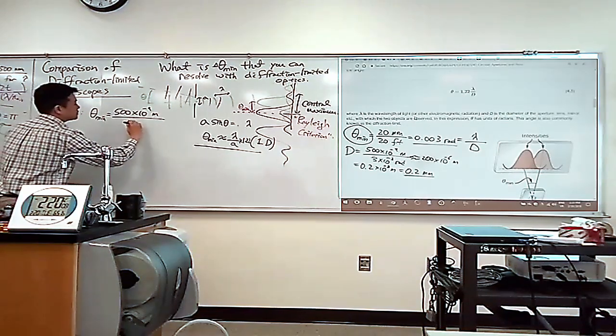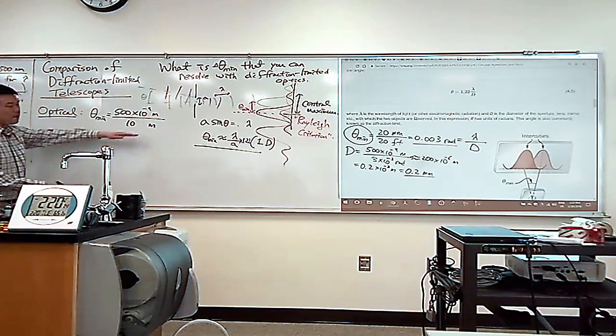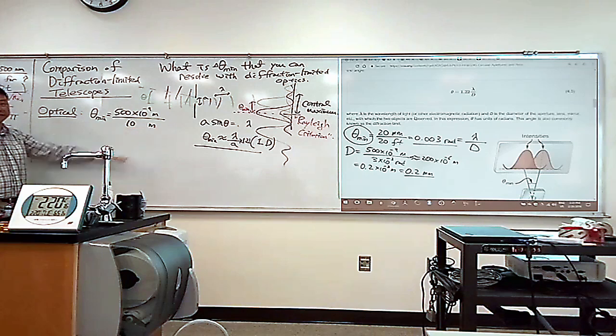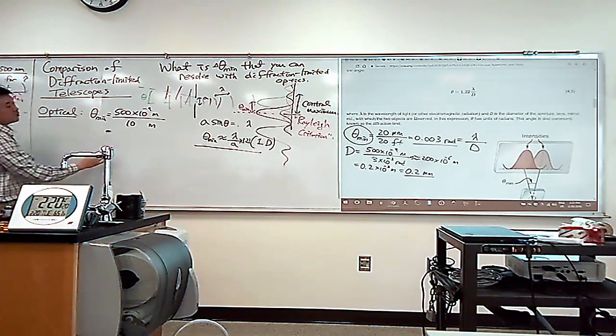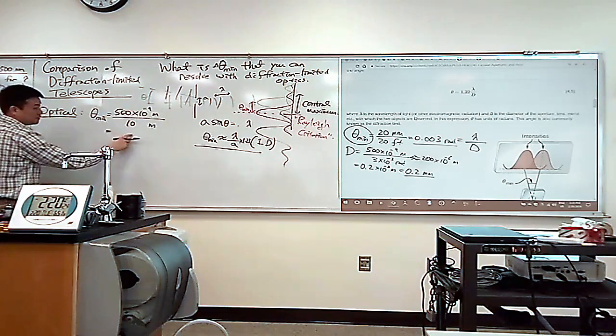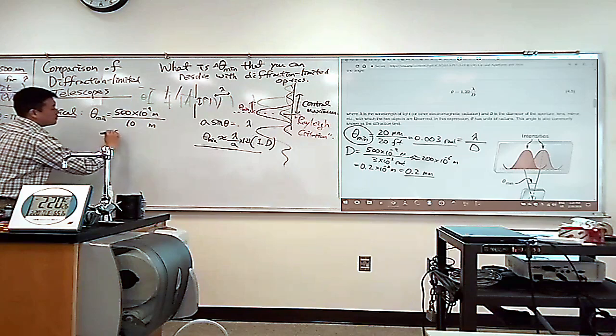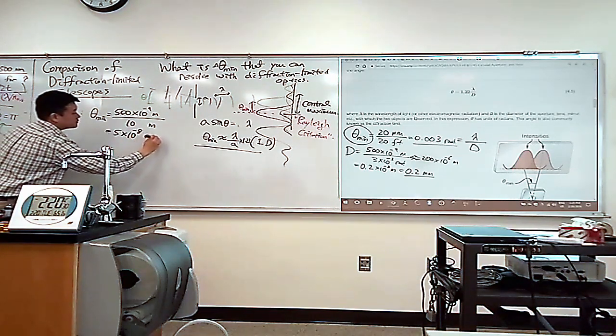So let's say 10 meters. I think above this size, it becomes harder to build. You get the diffraction-limited angular size of 5 times 10 to the minus 7 divided by 10, so 5 times 10 to the minus 8 radians.